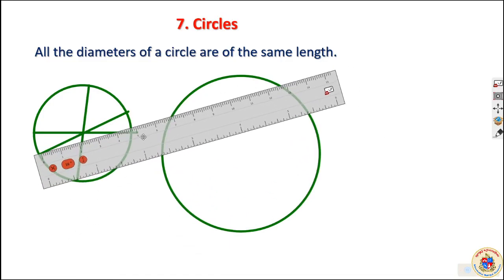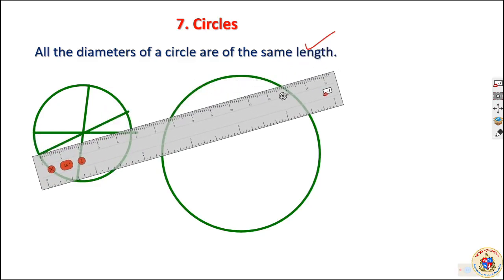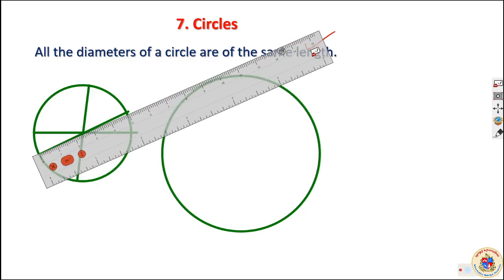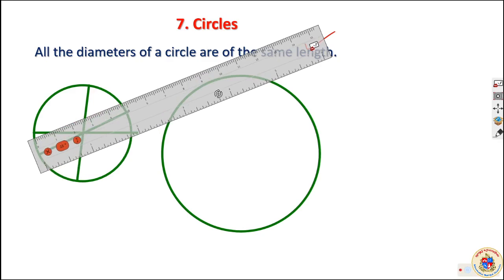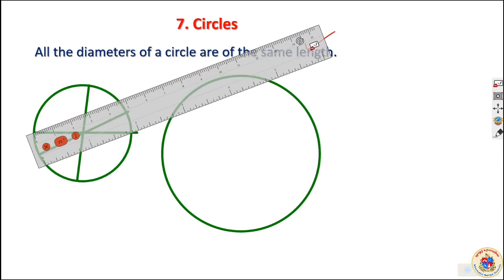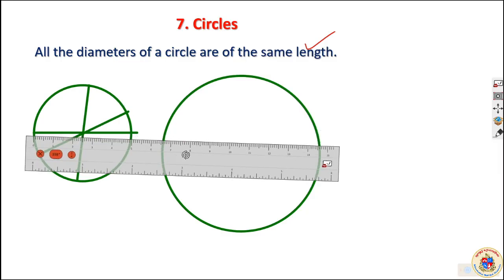Now it is given that they will be of the same length according to the textbook. How will we come to know whether they are of the same length? No other way, we will measure it. I will measure the diameter here. It is 5 centimeter. Correct? Take the other diameter, 5 centimeter. Take the third one.